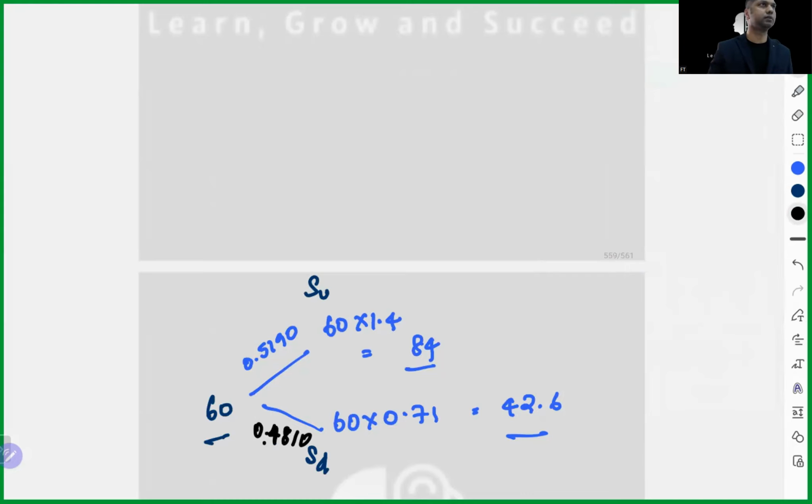Should I multiply 84 into 0.5190? No, that is not what we said. We have to calculate the payoff and then multiply. Don't make that mistake. A lot of people just multiply the probability with the stock price. That is not what we are going to do.